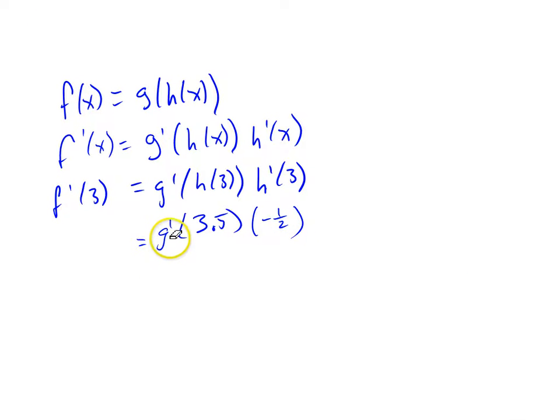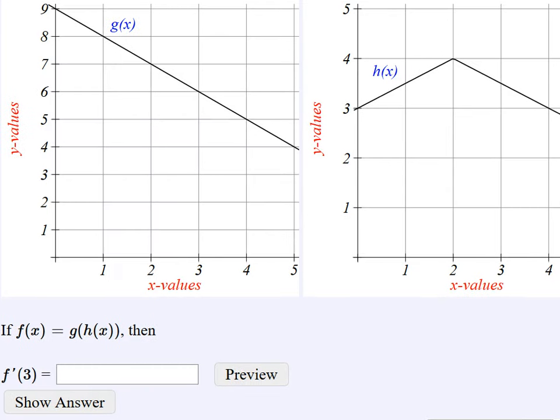So now I need to figure out what is g prime of 3.5. Well, now we're looking at g. 3.5 is right here, and I need the slope right there. Well, let's see, with the units, the spacing, it looks like a very similar slope to that one, but the spacing's different.